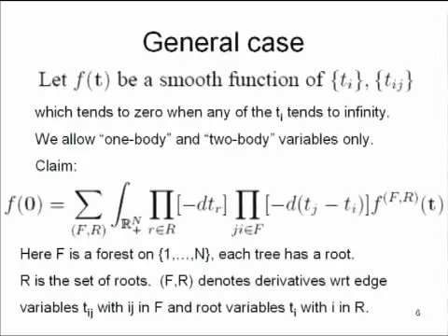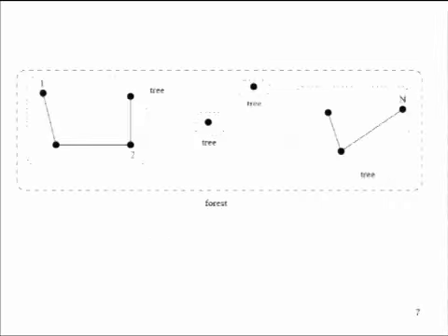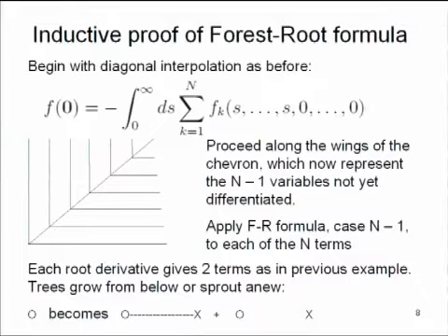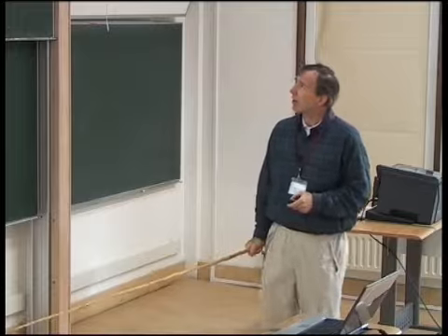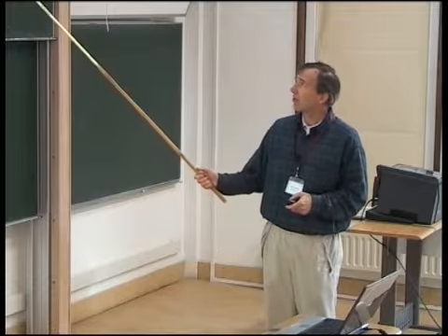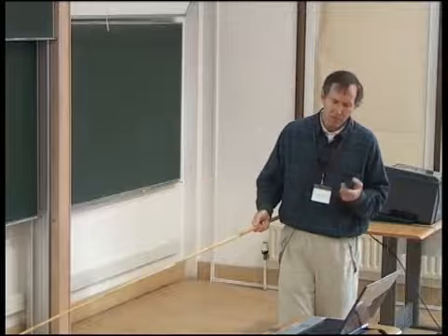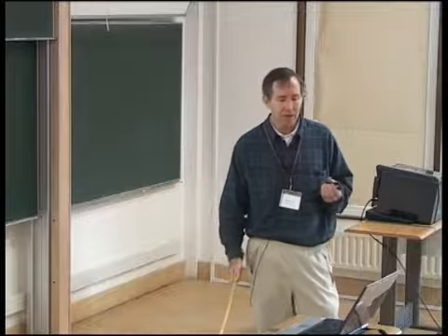Maybe for the future. All right, so what can we accomplish with these formulas? I want to apply them to hardcore gases. Basically what I'm saying is that these hardcore gases have two-body interactions. But as I said, general two-body interactions are problematic because of stability.